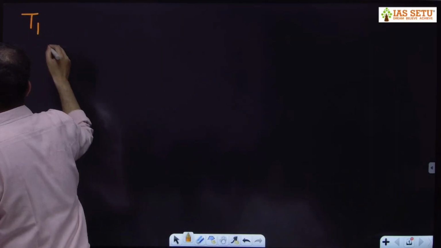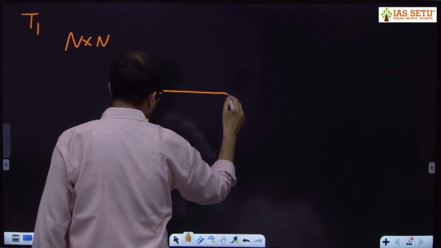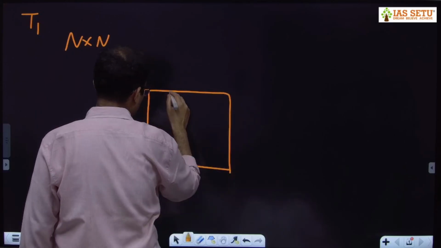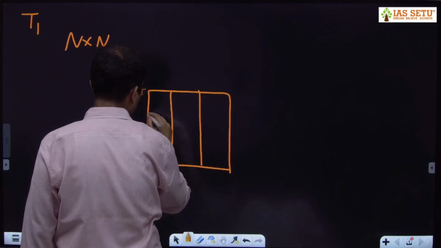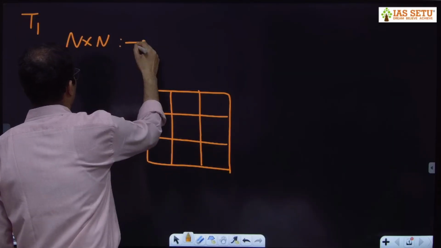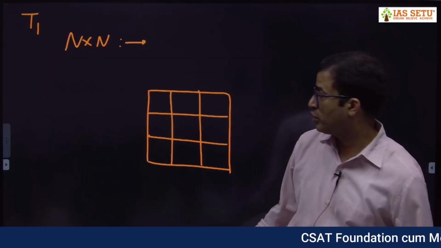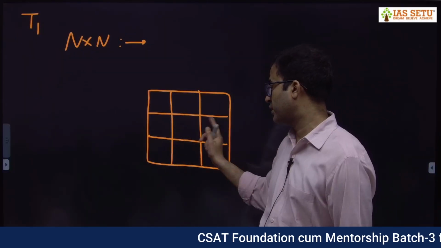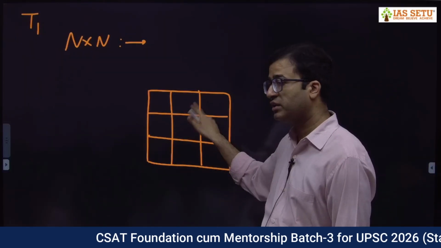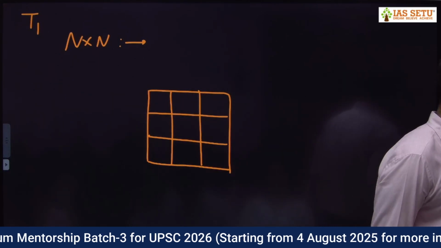Type 1 is an n by n figure. See, one option is you can do manual counting. Manually you can count squares 1, 2, 3, 4, 5, 6, 7, 8, 9. That's the bigger one, 10, 11. But if it is a bigger figure, it will be time consuming.